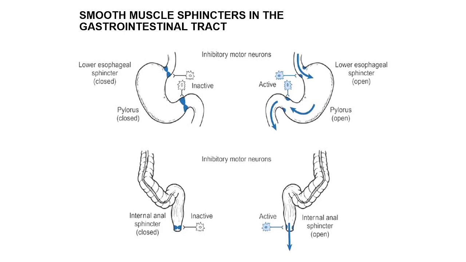Like all the sphincters in the body, they are tonically constricted, so they are kept closed. And they are opened whenever inhibitory neurotransmitters are released from the parasympathetic nerves. Inhibitory neurotransmitters are VIP and nitric oxide.